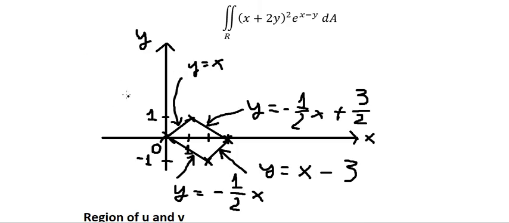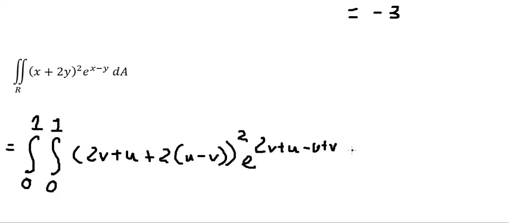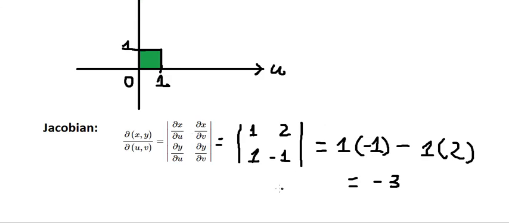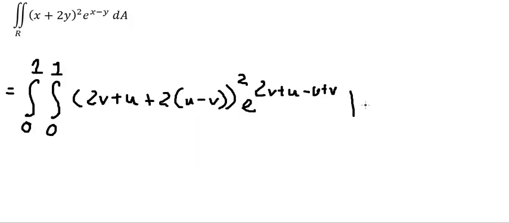About x, we change by 2v plus u. About y, that's u minus v. Later we have the absolute value of the Jacobian, that's negative number 3. We put it inside the absolute value, and now we have du dv.